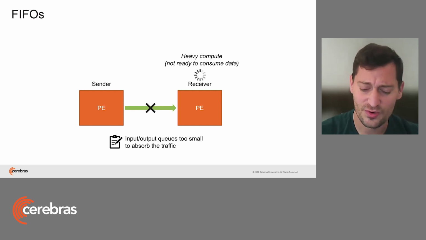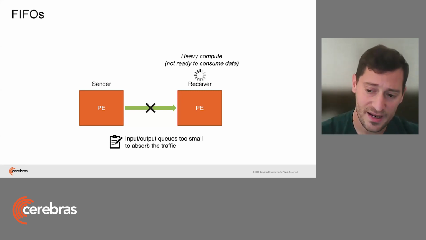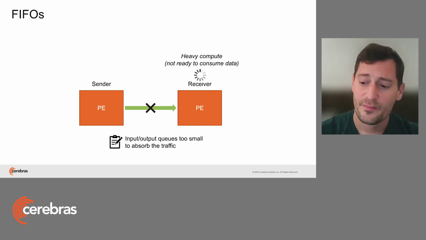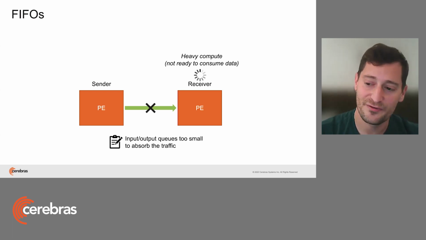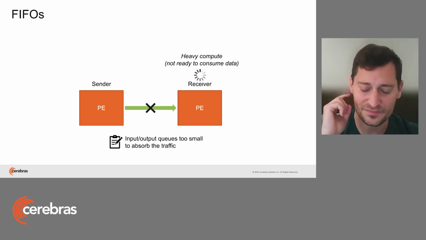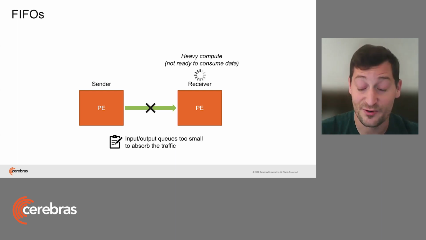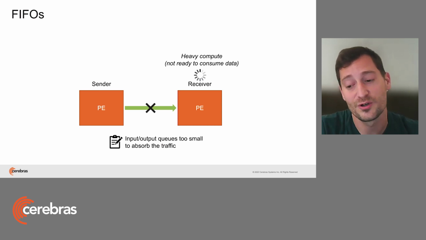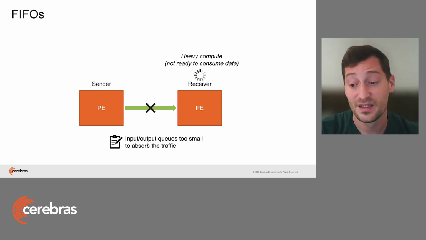Earlier, I showed you how we can use these built-in FIFO queues to communicate data asynchronously, but these queues have limited size, and if the receiver is busy for a long time, these queues are going to be overwhelmed.